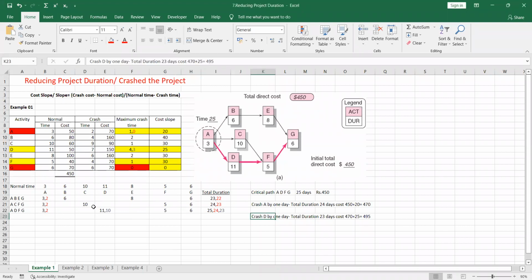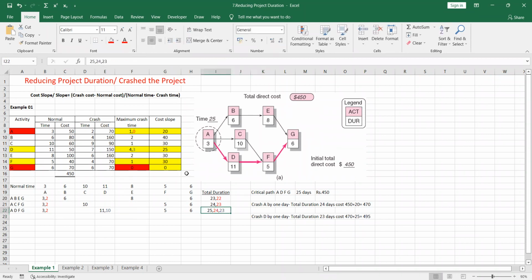We have crashed the D activity by 1 day and the total duration is how much now? It is 23. So crash D by 1 day and the total duration is 23 days. So please make sure to write down this thing, right? දැන් අපි මේ crash කරන ඒවා cost එක, duration, දැන් crash කරන්නේ මෙන්න මේ activity එක. මෙන්න මෙච්චර duration එකක් ගන්නවා. ඒවා හැම එකක්ම ලියන්න ඕනේ. හරිද?